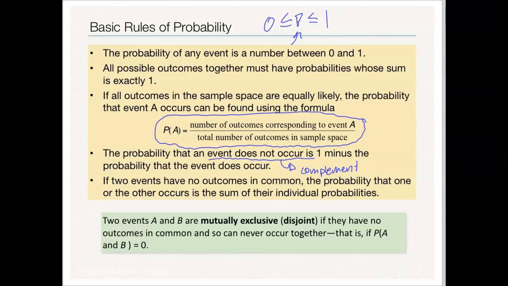The complement of an event, the notation you can use is the original event with a superscript of C. So A complement equals 1 minus, or I should say that's bad notation, I'm sorry. I should say this: the probability of A complement equals 1 minus the probability of A.